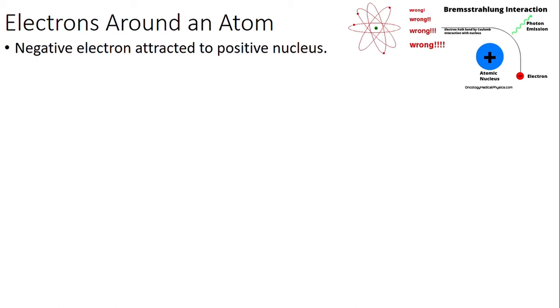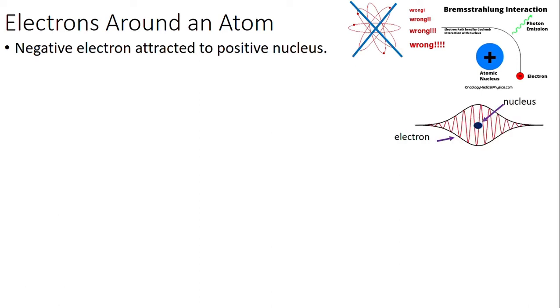They don't orbit, and unfortunately this is still taught in schools. A better picture is that the electron is a wave packet attached to the nucleus. Now, it can't enter the nucleus, so it has to basically sit around the nucleus, and it doesn't accelerate around the nucleus because it's sort of attached itself there.